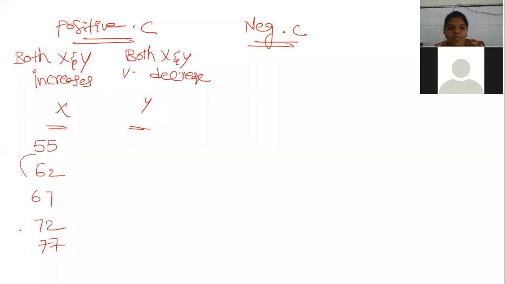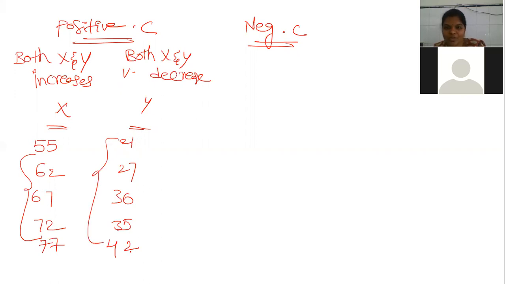These values increase from the first value to the last value, so the x values are increasing. And y: 21, 27, 30, 35, and 42. This variable also increases from the first value to the last.